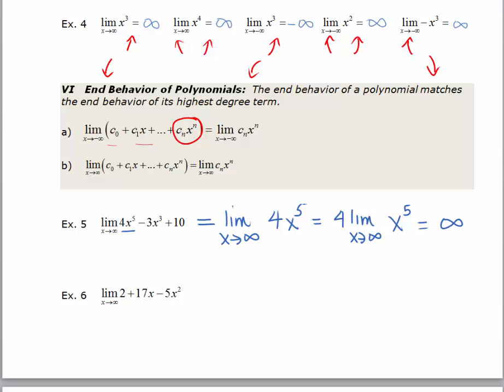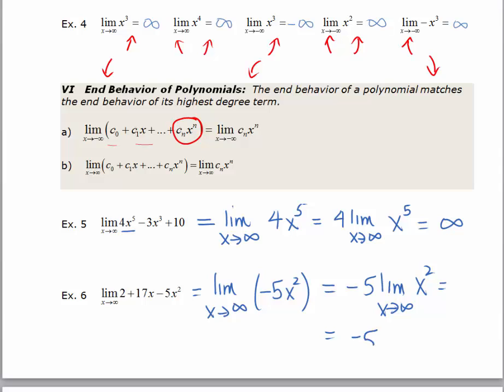Let's look at the second one. We know that the limit of a polynomial as x goes to infinity or negative infinity is the same thing as the limit of the leading term. We have negative 5 times the limit as x goes to infinity of x squared.